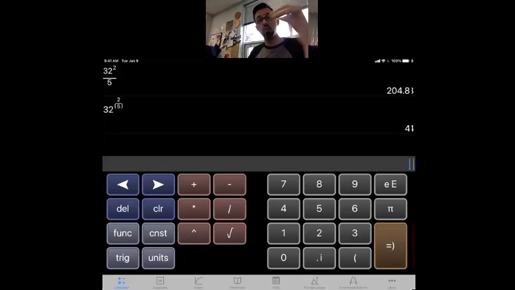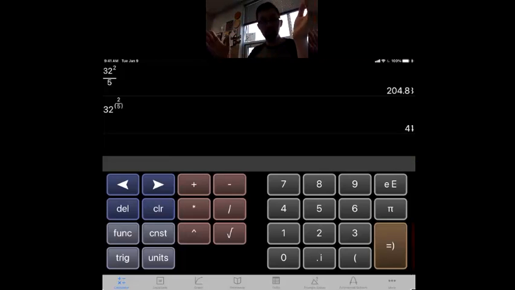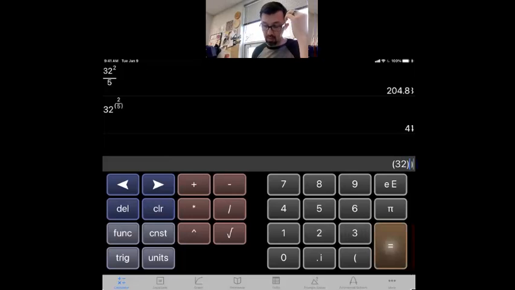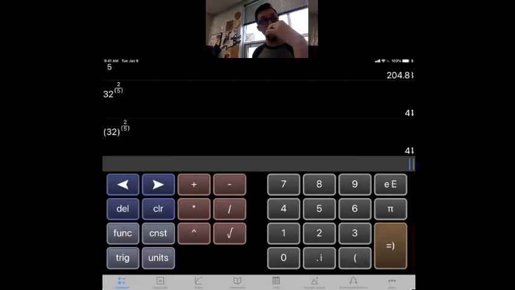What I really should have done to really cover my bases is put everything in parentheses, just the way I wrote it. 32 was in parentheses to the, and then knowing that I need to do the 2/5 in parentheses on my own. Because where that starts to matter is with the next answer we're going to check.